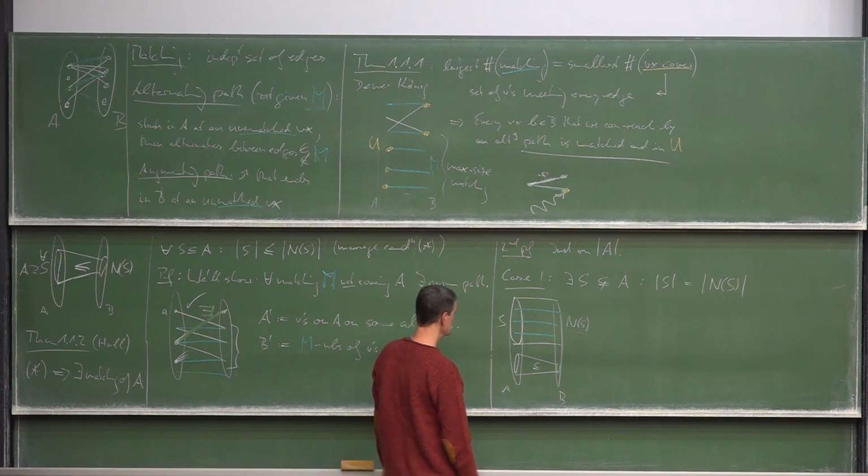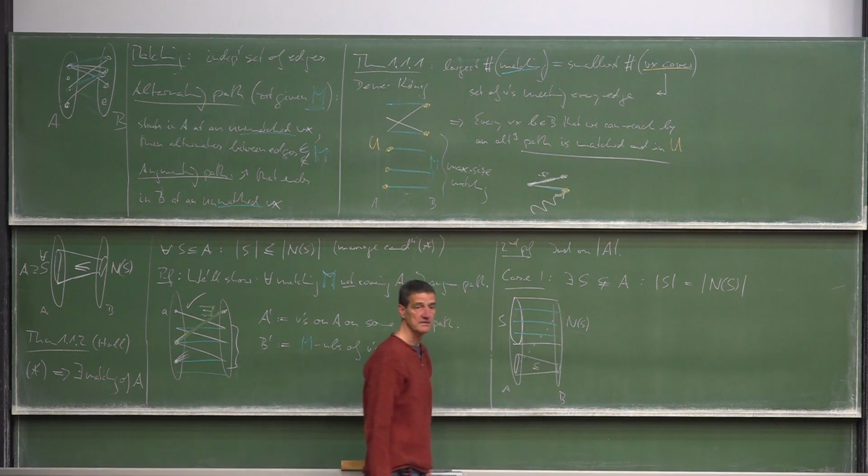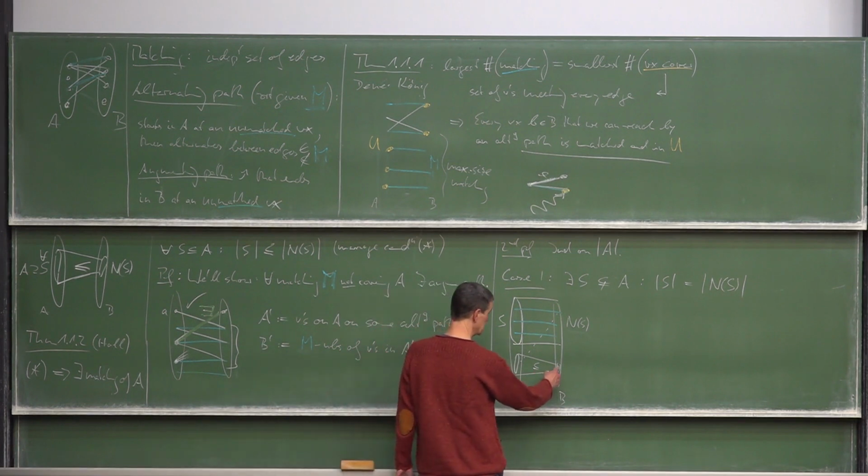And notice that I'm not forbidding edges up there. The argument still works if there are such edges here. I'm just considering the subset of B minus N of S as neighbors.